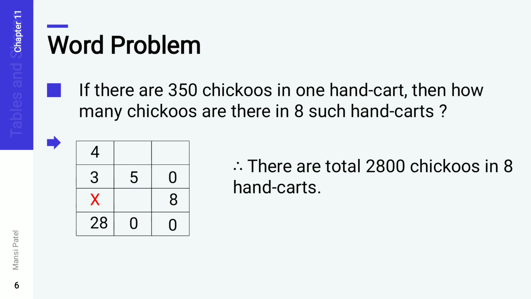Mixed word problem means in one word problem you have to do the multiplication as well as the division. So please do more and more practice of individual word problems.